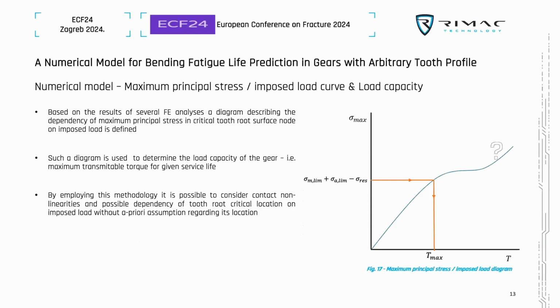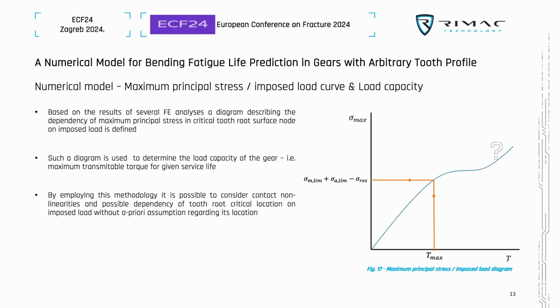Once the number of cycles to failure is known, we can also do another set of analysis, which will give us the curve displaying the dependency of maximal principal stress in every tooth root node on imposed load. So we cannot say that by doubling the load the maximum principal stress in the critical node will double. So we make such a curve based on a large number of simulations.